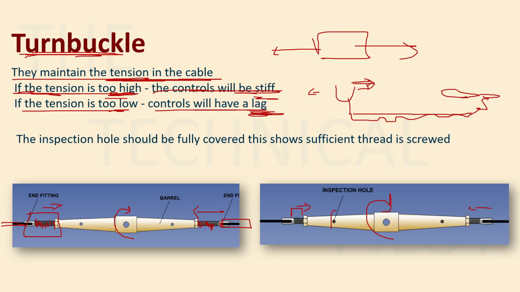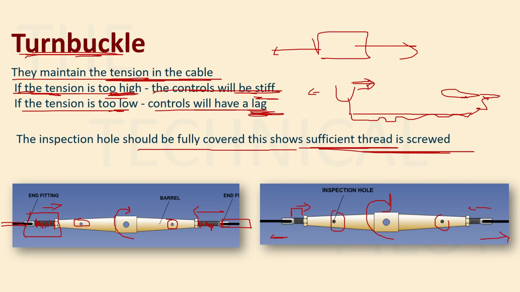And there is something known as an inspection hole in the turnbuckle. The inspection hole has a very simple purpose. It should be fully covered, which shows that sufficient thread is screwed in, right? So there has to be some limit of thread which has to be inserted in the barrel. If not, then it might not be able to hold the tension of your cables, right? The cables might snap.